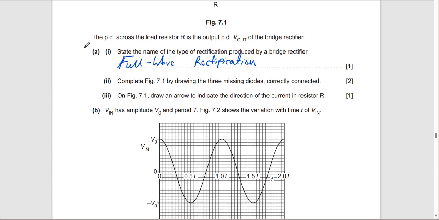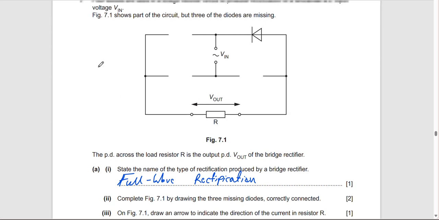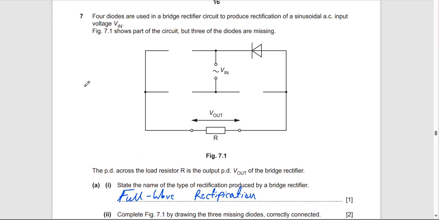Part 2. Complete Fig 7.1 by drawing 3 missing diodes correctly connected. Remember, this is an alternating voltage. So to approach this question, just assume for the time being this is positive and negative. And you know that current flows from positive to negative, right? So if this is positive, it can't go this direction because it's blocked.